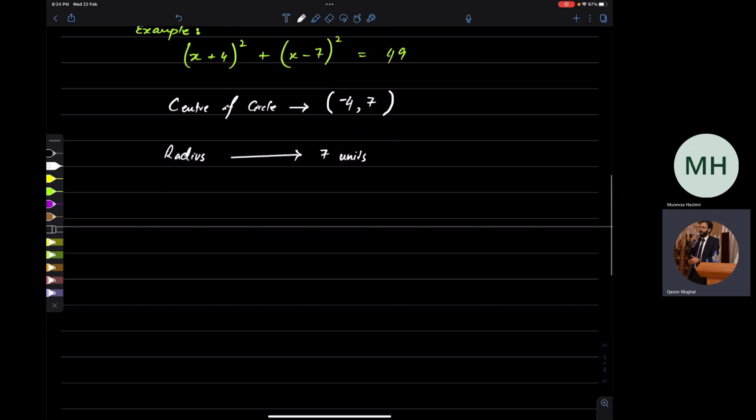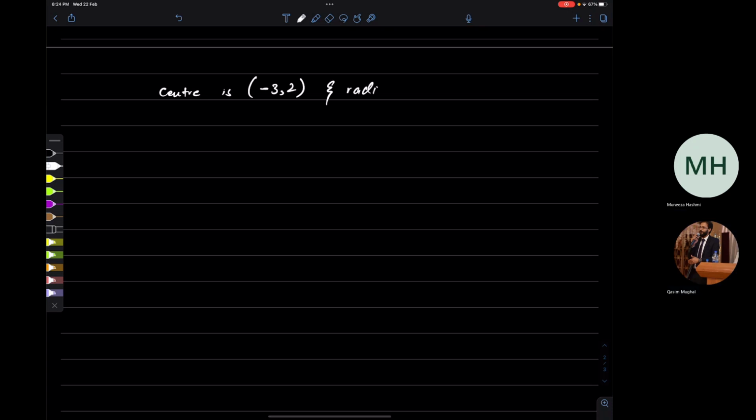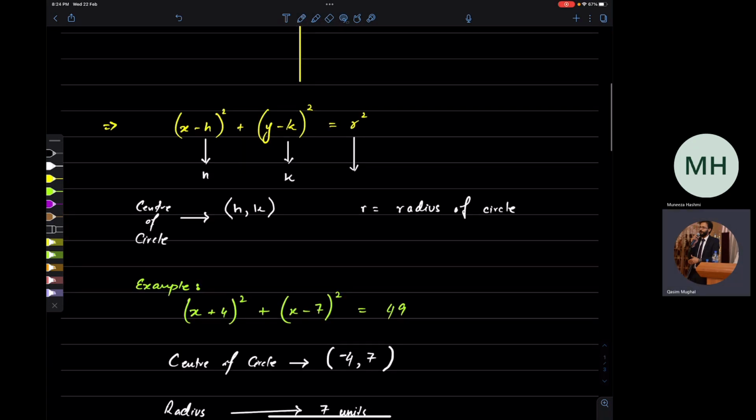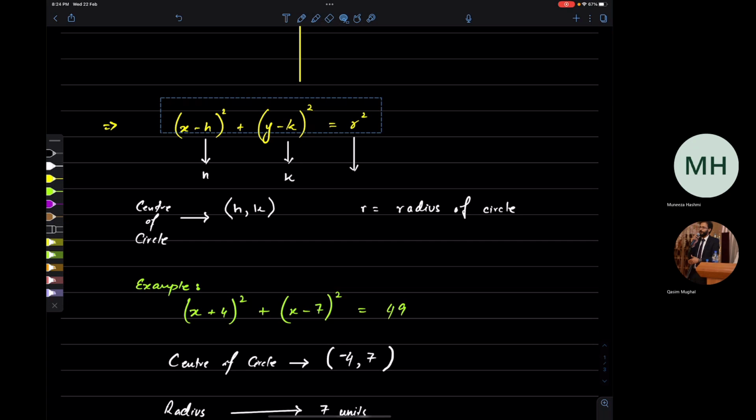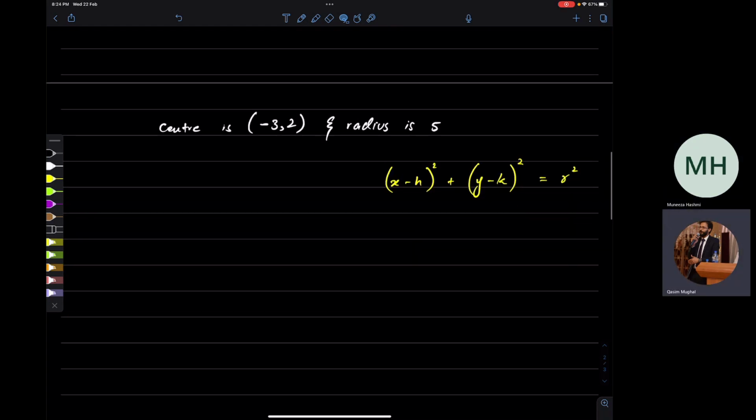Now if I give you the coordinates of the center and the radius of the circle, let's see if you are able to write down its equation. So if I tell you that I have a circle whose center is at (-3, 2) and radius is, let's say, 5, and I ask you to write down the equation, let me just copy this down for you so that you can create an equation according to this.